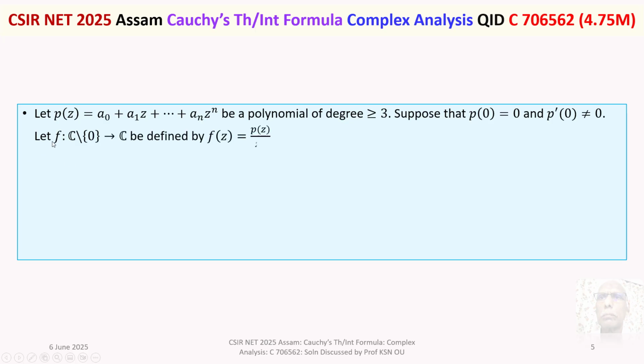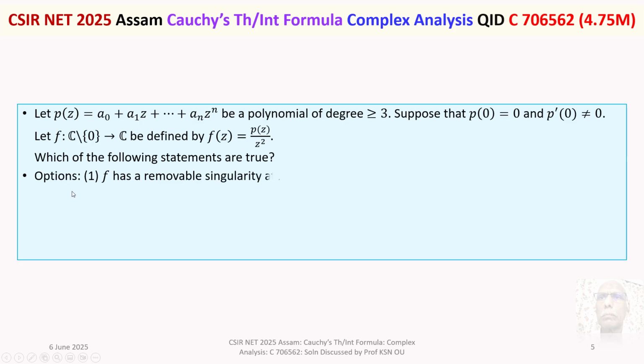Let F be a map from the non-zero complex numbers to the set of complex numbers C defined by F of Z is equal to P of Z by Z square. Which of the following statements are true? We are given 4 options.